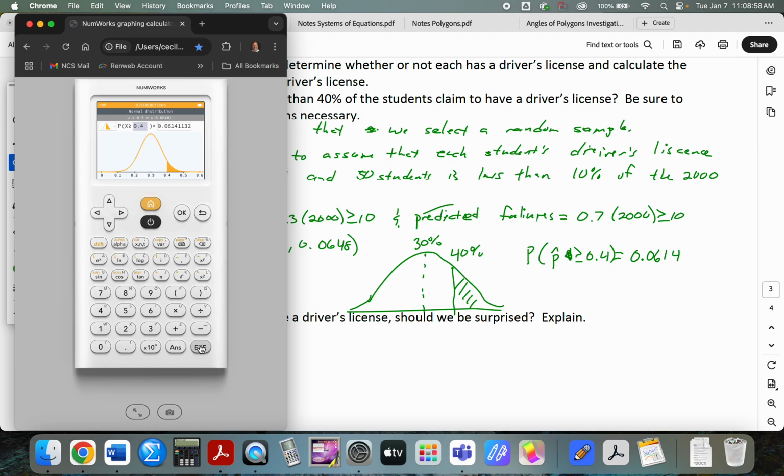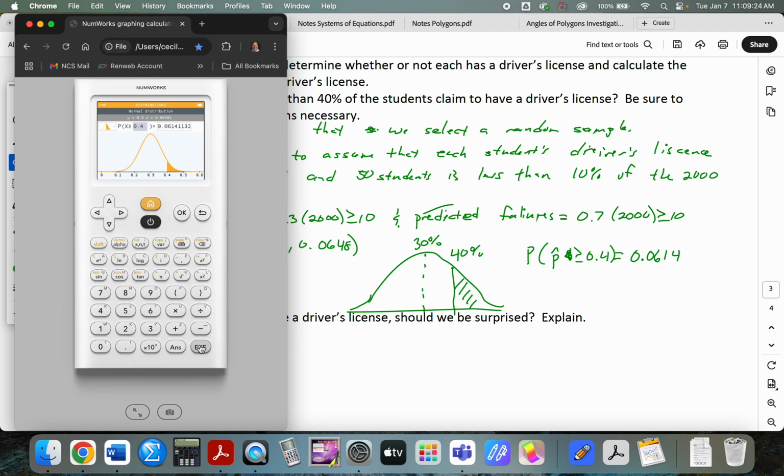That makes sense. Yeah, and it's the same thing that Savannah was asking about. It feels weird a little bit because we're doing percentages and percentages, and that's part of why they call this the proportion. So the probability that the proportion of students is greater than 0.4 is gonna be really, really small.